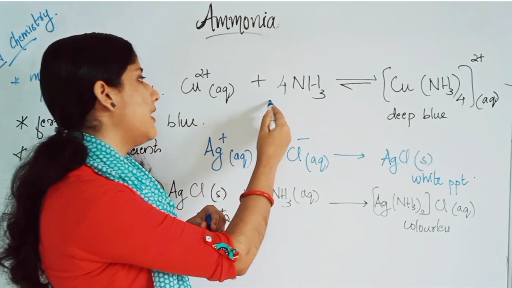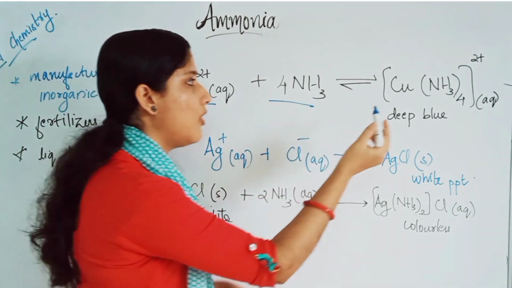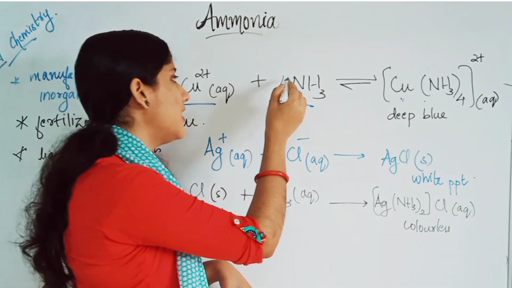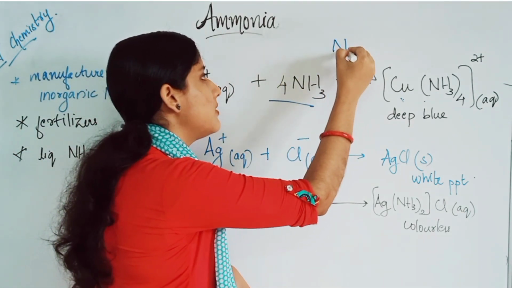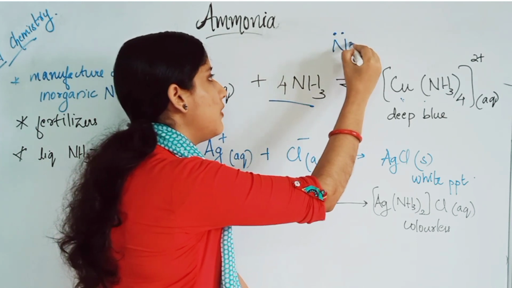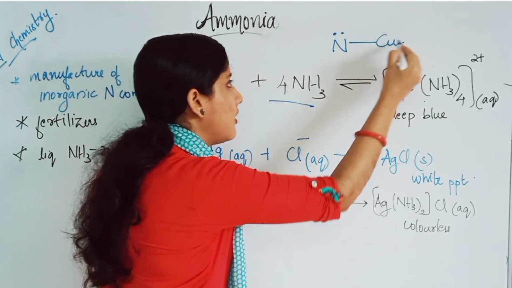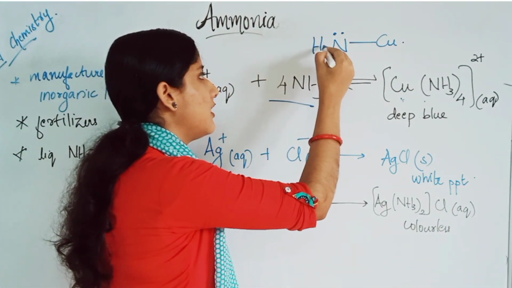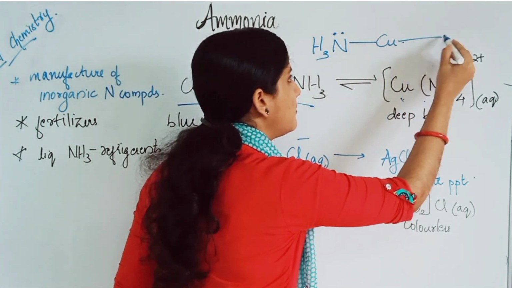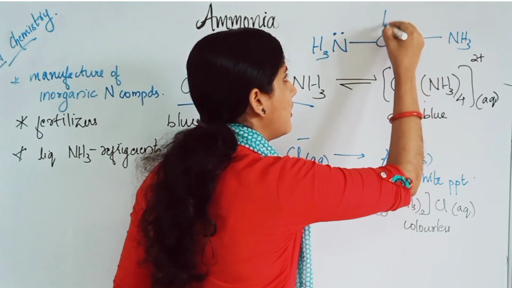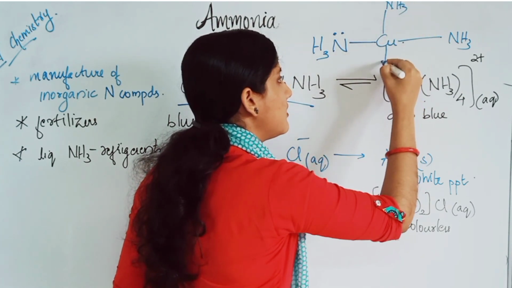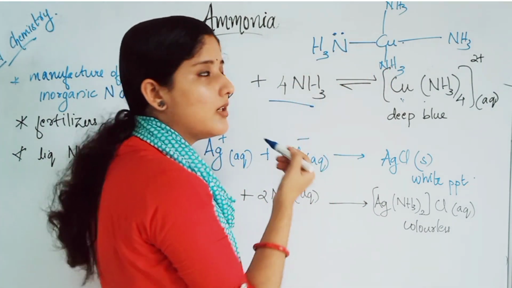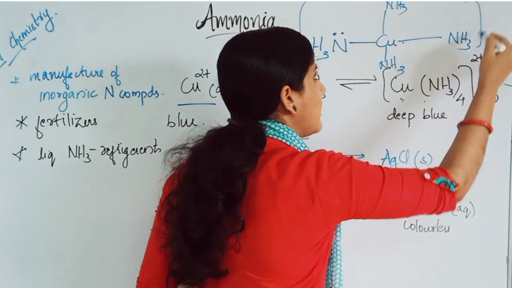Here, ammonia reacts with copper and forms a complex, [Cu(NH3)4]2+. The lone pairs on the nitrogen form a linkage with the metal copper, with four NH3 around it.